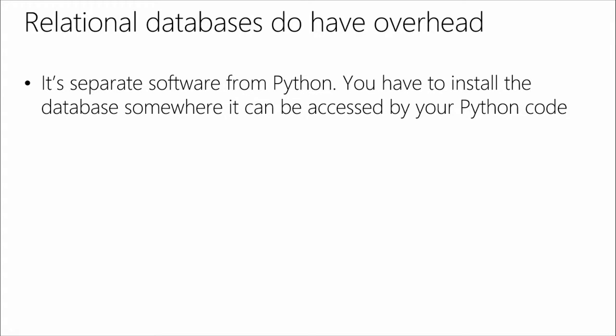Now, that all sounds awesome. You're like, wow, it does everything I want it to do. So why don't we always all use relational databases? Well, if they do all that, they have a little overhead involved. If you're going to use a relational database, it's actually separate software. You can't just go into Python and say, create relational database and start querying it. It's going to be separate software that you have to install somewhere on a server in a place where your Python code can connect to it and access it.